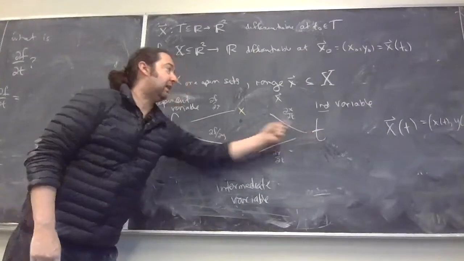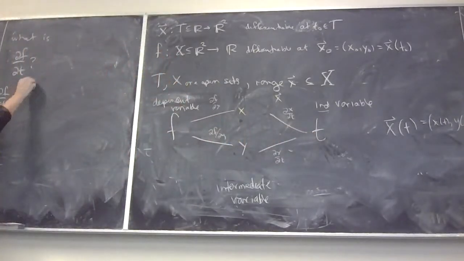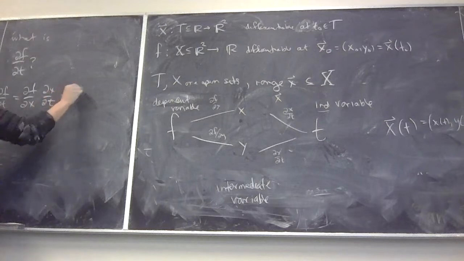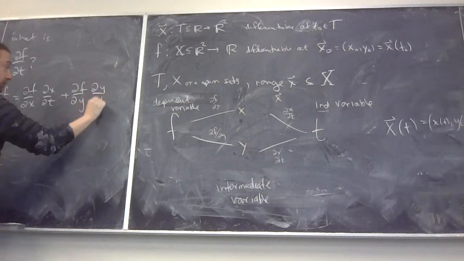As t changes, x changes, and as x changes, f changes. So part of the change in f comes from this. That's the change in f that's induced by x moving in response to t. But also, f changes in response to y changing with respect to t.